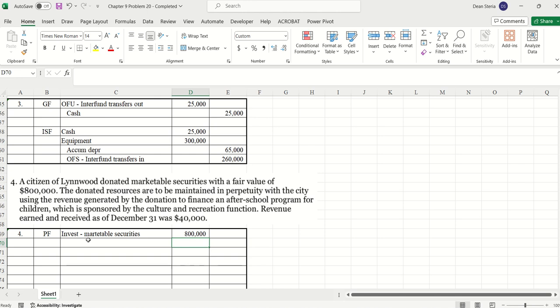Okay, so now we're going to have revenues, contributions, for endowment.